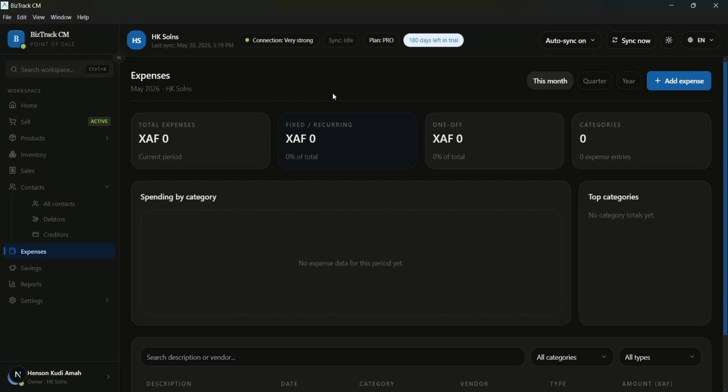Today we are going to be talking about expense management. It's quite unfortunate that most businesses in Cameroon, or business owners, do not have proper information, or they lack clarity on where the business is spending so much money, and because of this lack of information they tend to make very poor decisions regarding expense management.